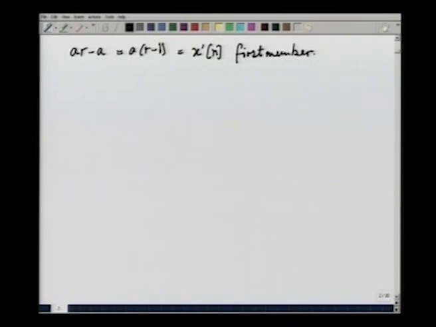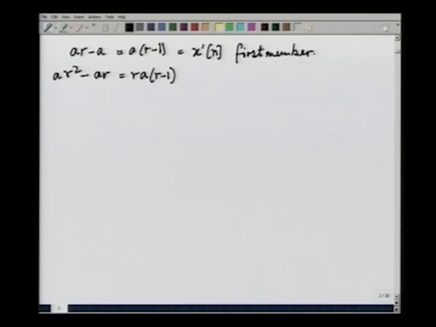Second, a r squared minus a r, this would give us r a times r minus 1, second member.